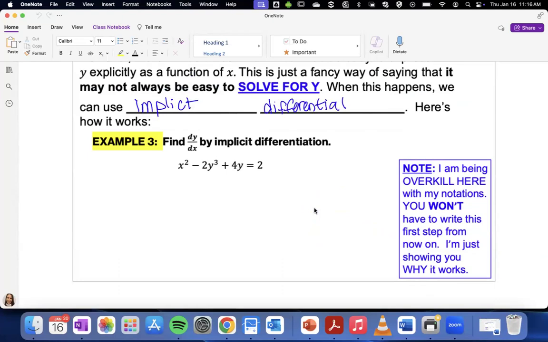Okay, so what I mean by this is, if you take the derivative of y, we write dy over dx. Okay, if we derive x, we take dx over dx.